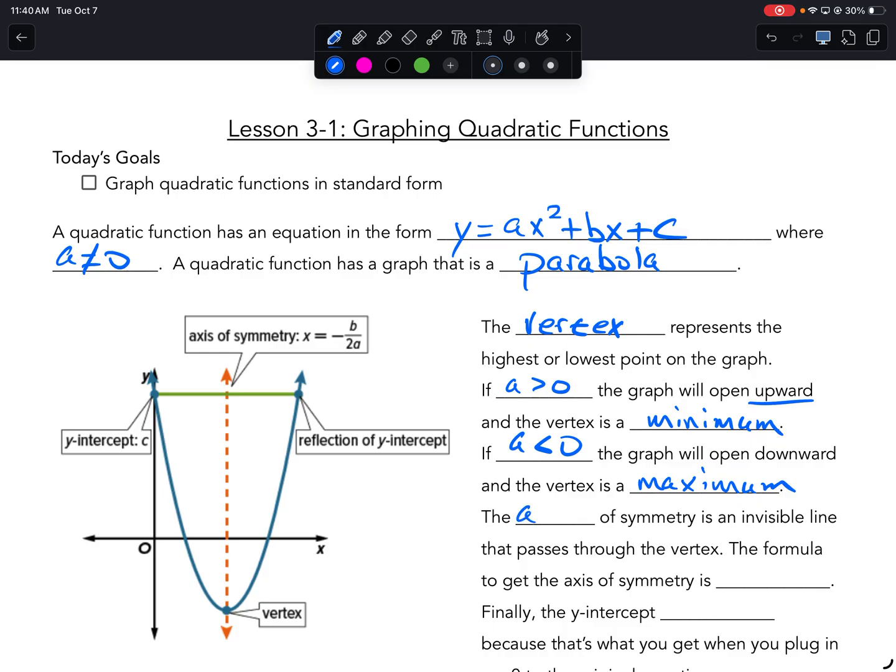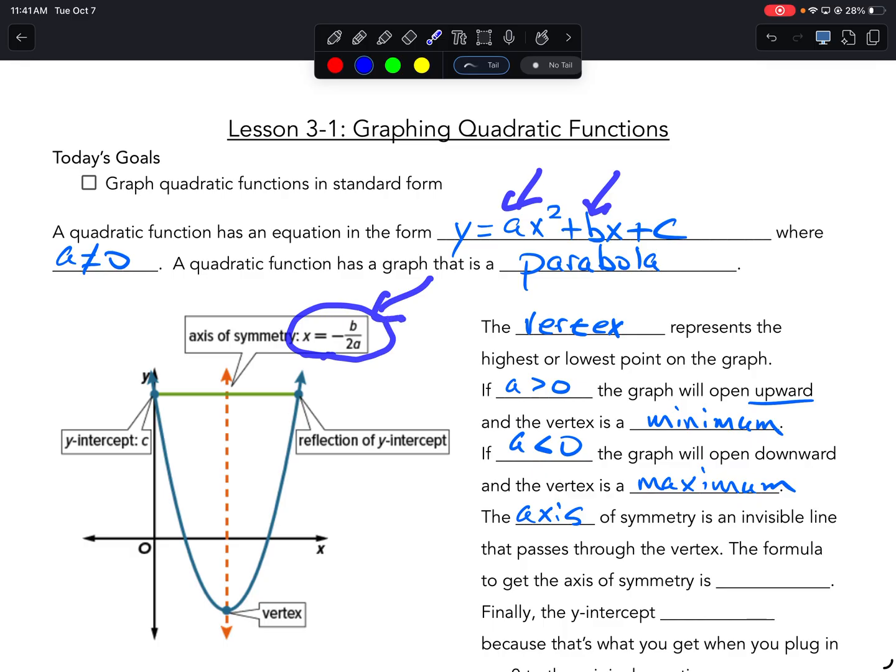The axis of symmetry is this line right here. It's the line that cuts the parabola in half. Okay? We get the equation of the axis of symmetry by doing x equals negative b over 2a. So we can identify a and b from the coefficients in front of x squared and x, and then plug it into x equals negative b over 2a.